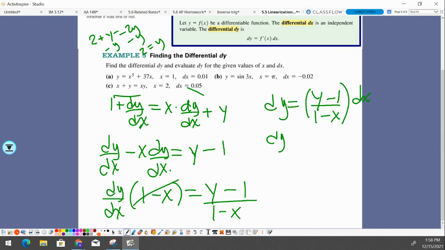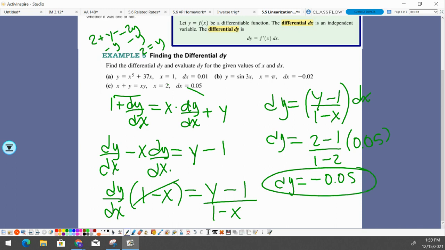So when I evaluate, substitute in 2 minus 1 over 1 minus 2 times the dx value of 0.05. So dy equals 1 divided by negative 1, which is just negative 1, times my decimal.